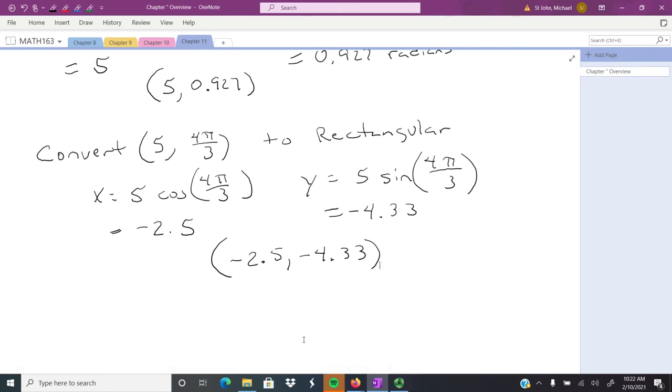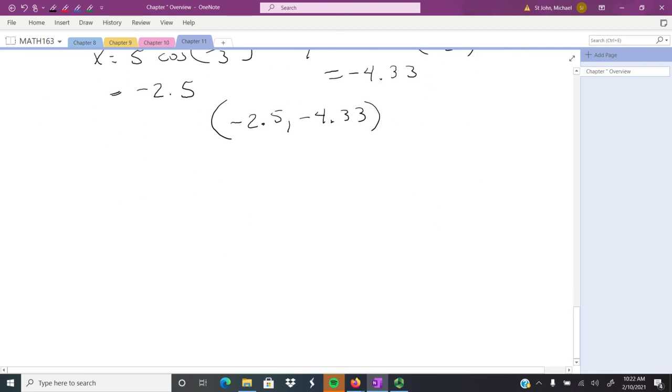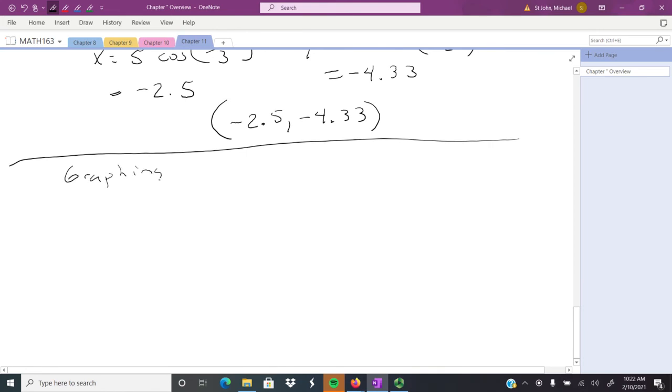The other thing is that we can graph polar equations. So if I wanted to graph something like this, my polar equation is going to be in this form.